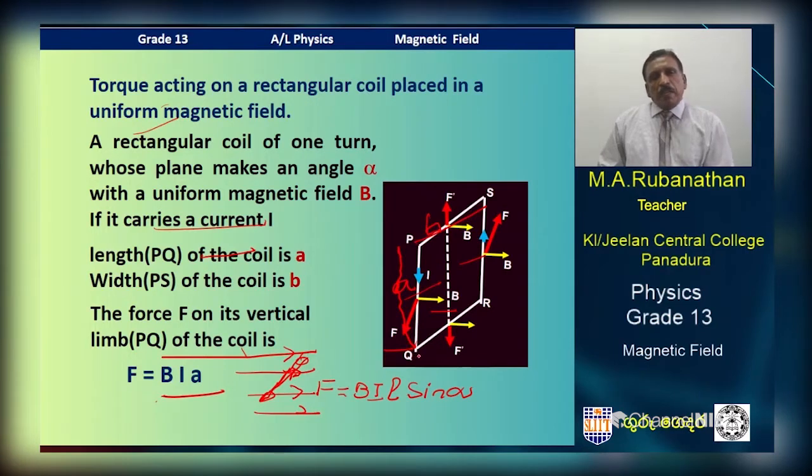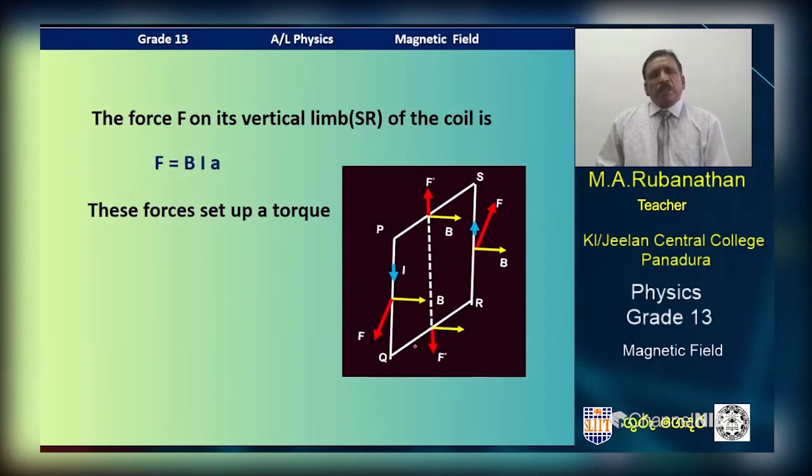So here we get the force on the limb PQ. Now the force F on the vertical limb SR of the coil is also BIA, because the magnetic field is also perpendicular to this limb.